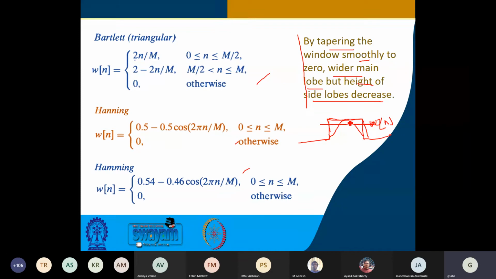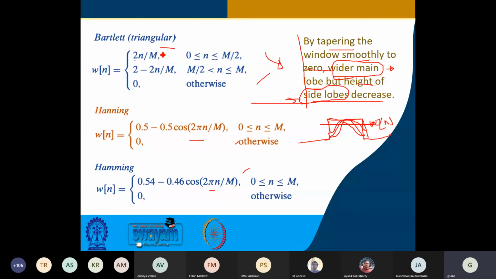Because of this, there will be a trade-off between the height of the side lobe, which contributes to the stop band attenuation, and the wider main lobe, which contributes to the transition bandwidth. This height of the side lobe is fixed at a maximum for a particular window function. The rectangular window you have seen, so you cannot do anything with that. But this transition width, you can play with the filter order.